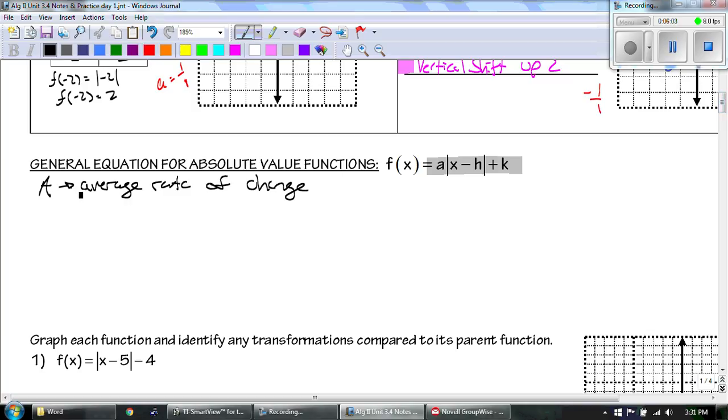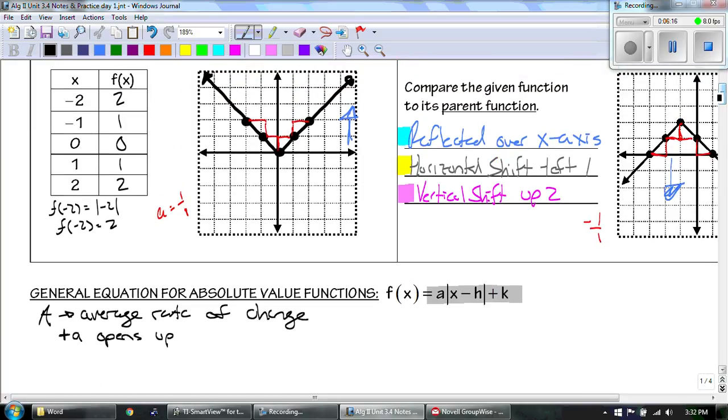Now, if we have a positive a, what that means is that our graph opens up. See, in our first graph, it opened up. And there is no reflection on the x-axis.